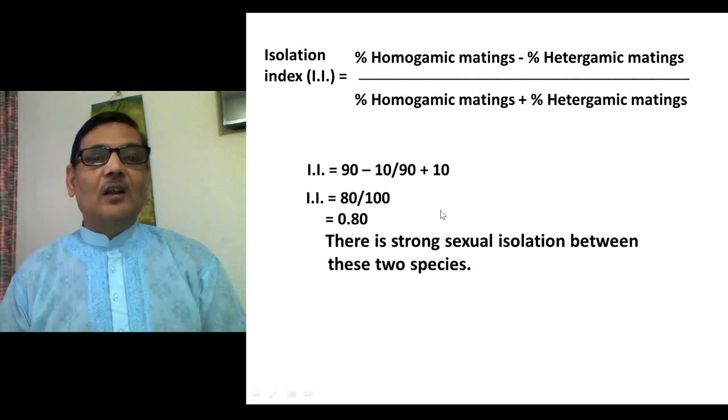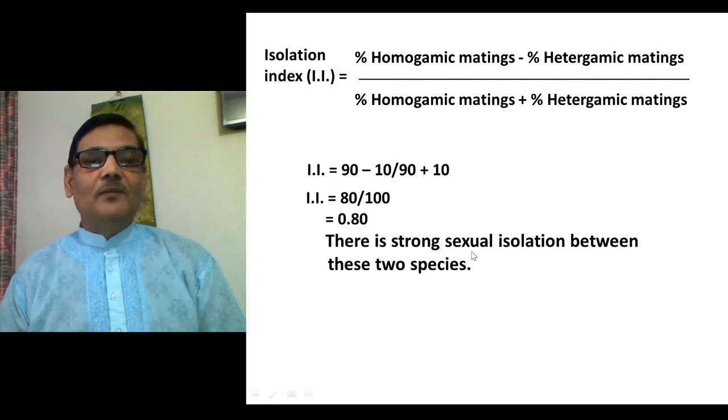These two are sympatric and phylogenetically very close species, and that is why sometimes mating may occur if they are reared together in laboratory conditions. And this value 0.8 means 80% sexual isolation is there. So the isolation index value is really high, indicating a strong sexual isolation.